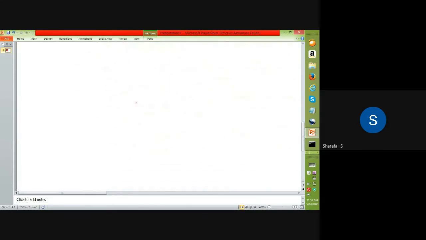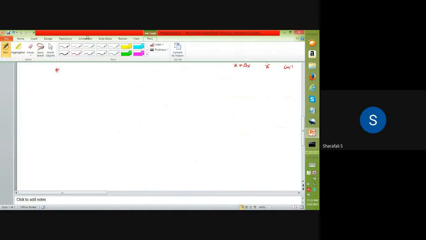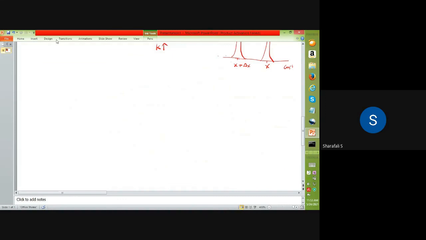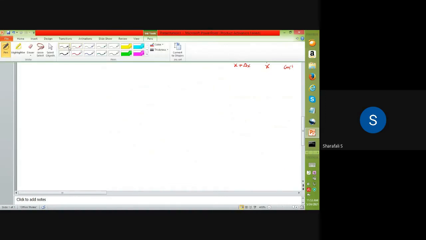Now one more point here is that the more polar the bond, the more intense will be the spectrum. These two points you can take out from that main heading.